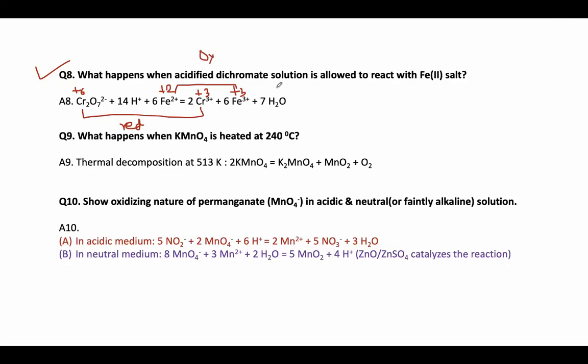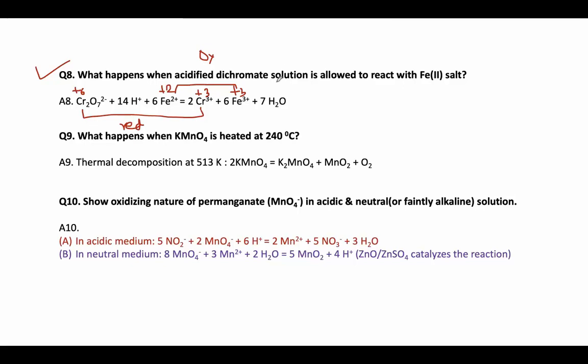Cr2O7 2- reacts with 14 moles of H+ and 6 moles of Fe2+ to produce 2 moles of Cr3+, 6 moles of Fe3+, and 7 moles of water. This is the balanced equation for the Fe2+ oxidation by acidified dichromate solution.